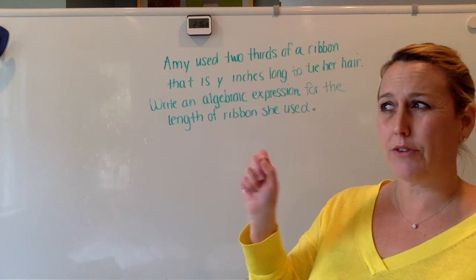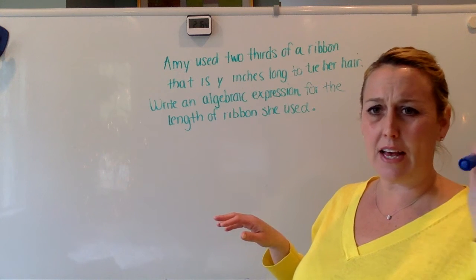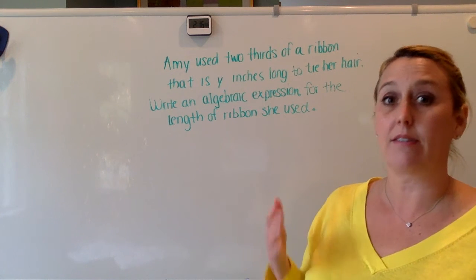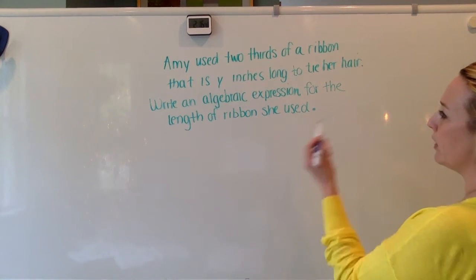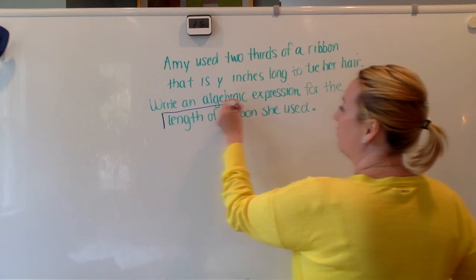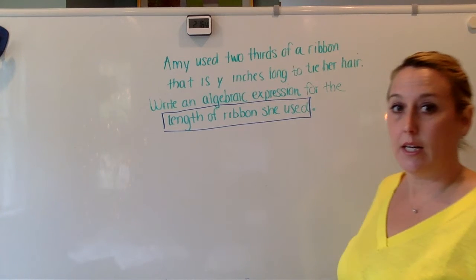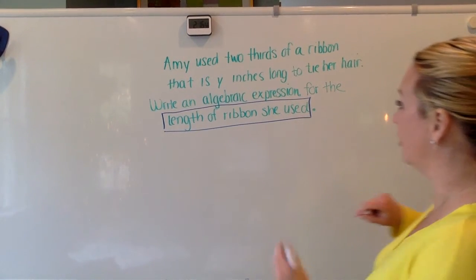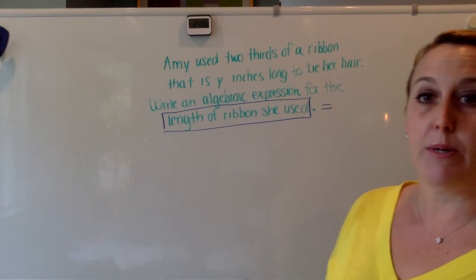So that's kind of trash to treasure note-taking. I'm not going to underline that or highlight that or circle that because that's what we're going to be doing, writing algebraic expressions. I know that. But I'm going to be doing it for the length of ribbon that she used. So the algebraic expression should equal the length of ribbon that she used.